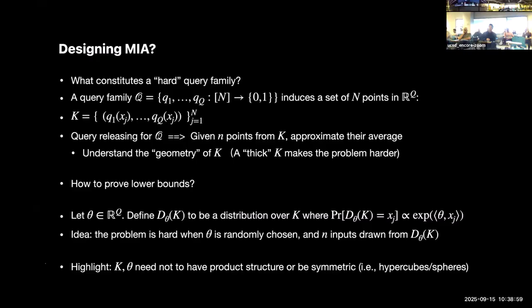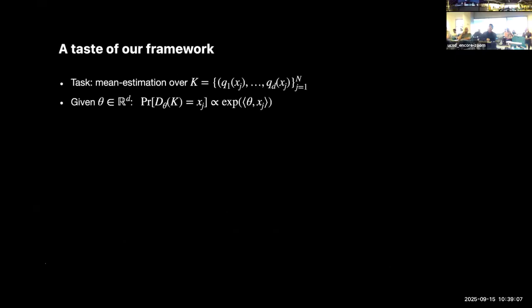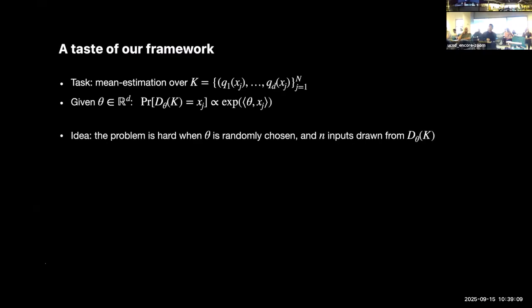One highlight of this construction is that theta doesn't need to have a product structure, but that's maybe too technical. So why should we expect this to be hard? Cool, we'll do a local to global connection.